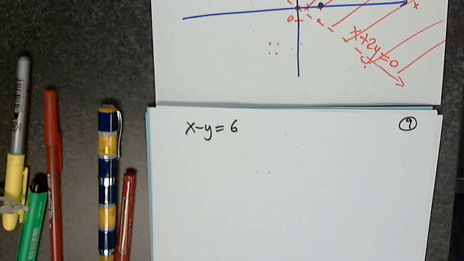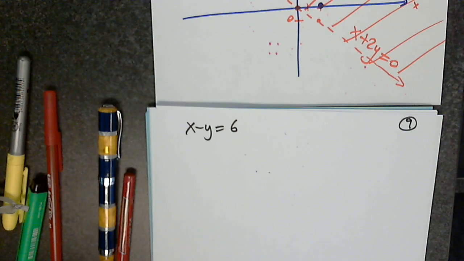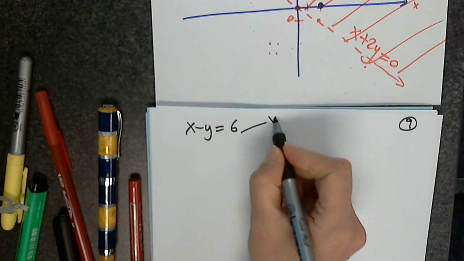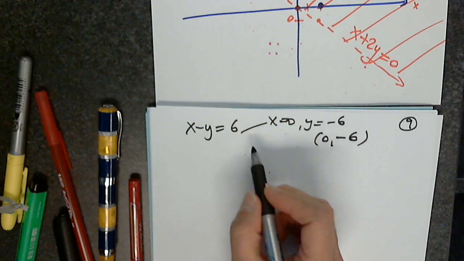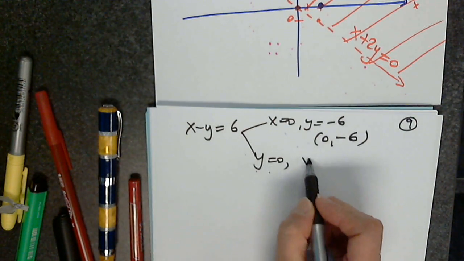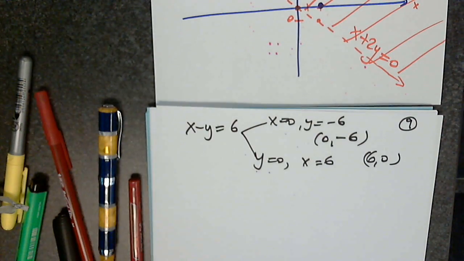When x is 0, how much is y, please? Negative 6. Okay. When x is 0, y is negative 6. So 0, negative 6. When y is 0, x is 6. Good. So then 6 comma 0. Will this be a solid line? Yes. Good. So let's graph it.